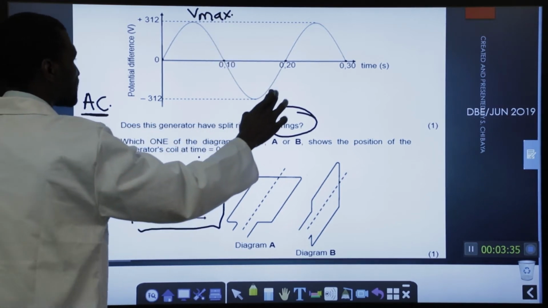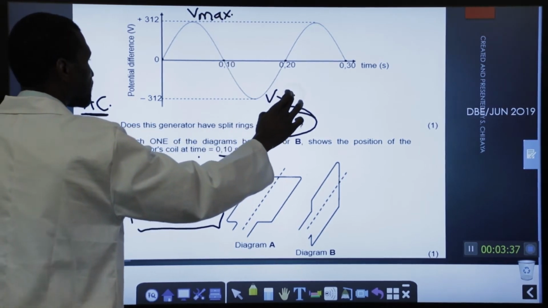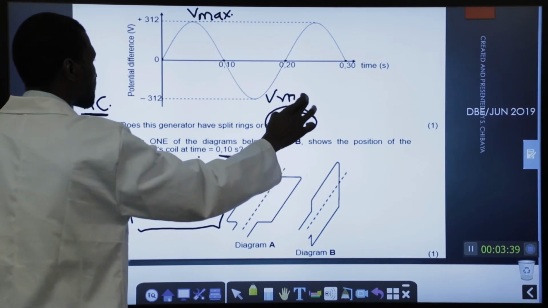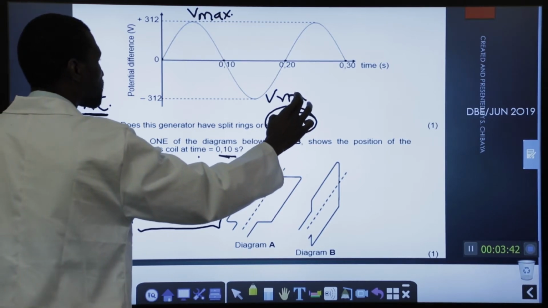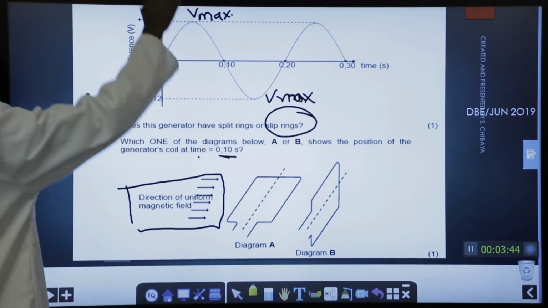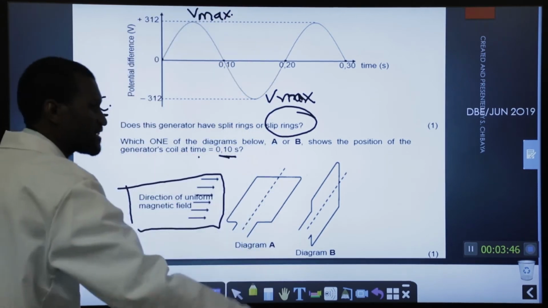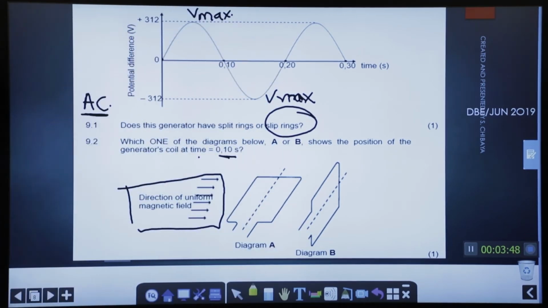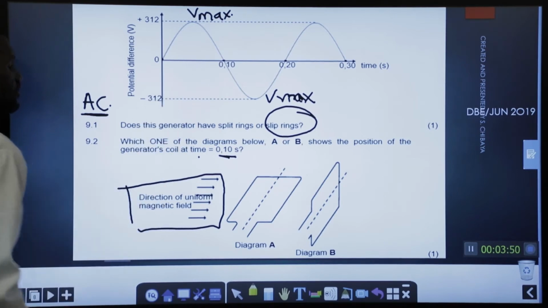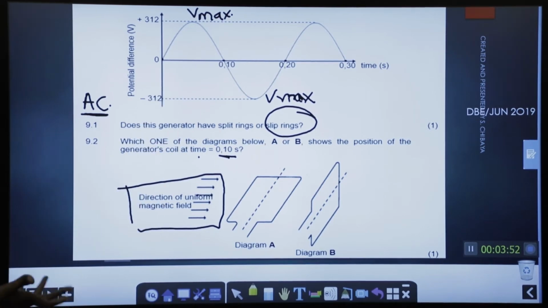All right? This is V max. So because it's alternating, it will have different V maxes at the bottom and at the top. What negative is just telling you about is the direction there.